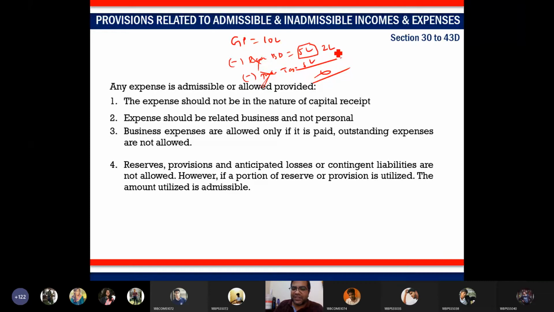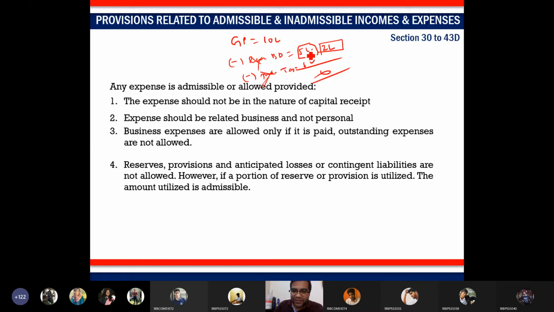Only from certain customers who are 100% sure not to pay because they are not there in their location. They have eloped somewhere, right? I have given goods to different people in different parts of Bangalore. Now I'm going for collection. But these two guys who are supposed to pay me 2 lakhs, they have shut their shop, they have closed their business, they have run away somewhere. So what will happen in that year? 100% bad debt is this 2 lakh rupees.